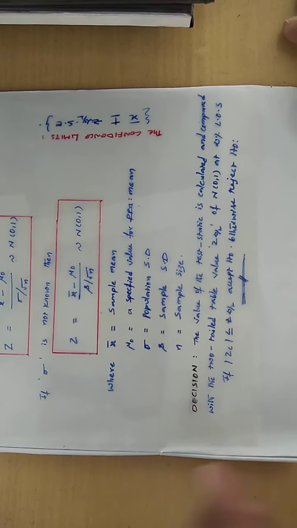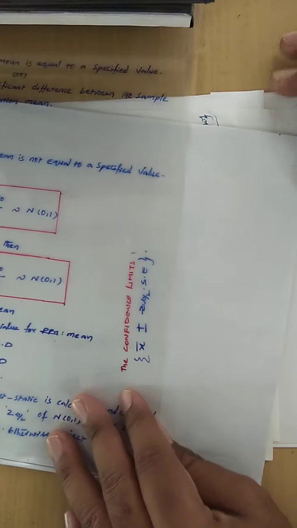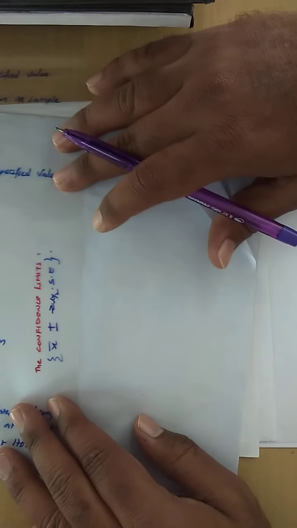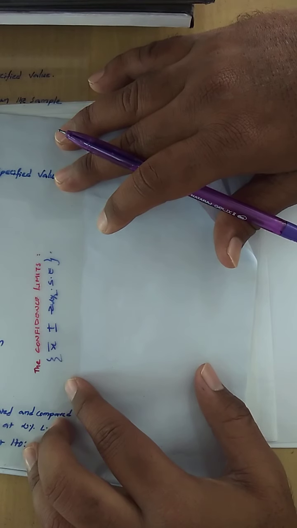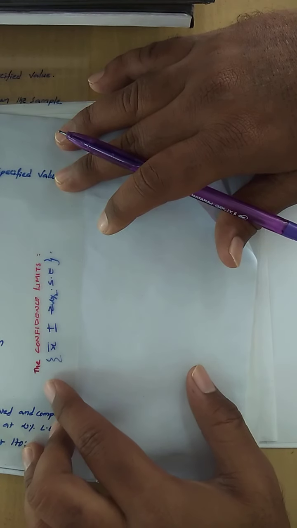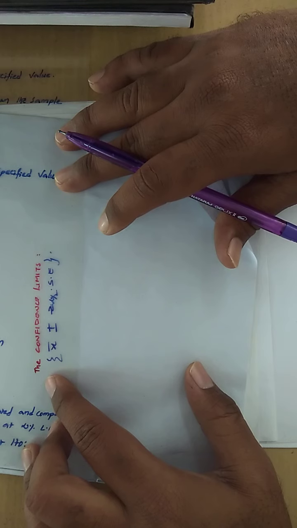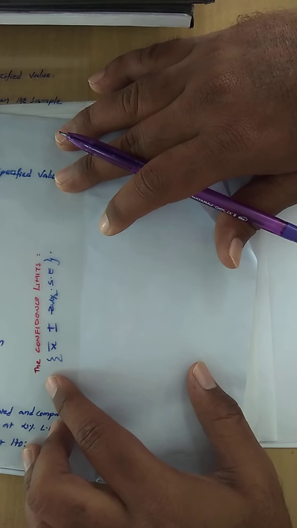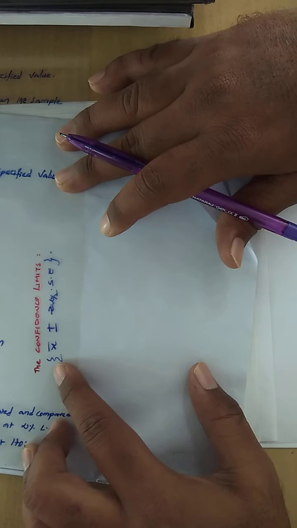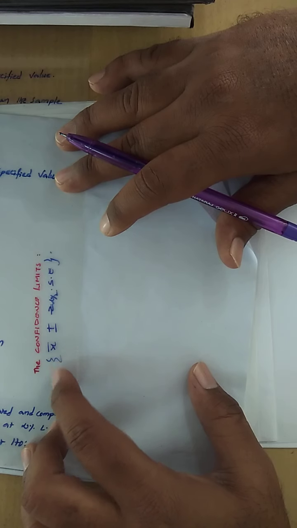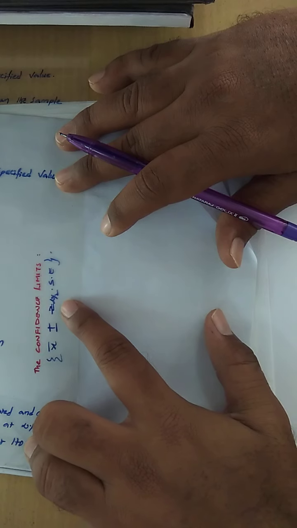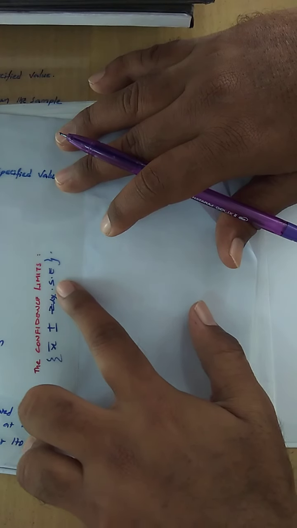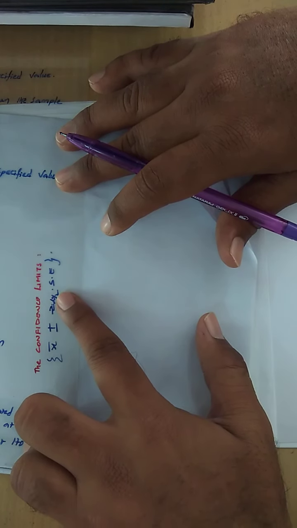Now after finding this, the formula is very, very important. What do you call this formula? This is known as the confidence limits, fiducial limits. I mean to say, this is nothing but the interval estimation. How to get this? In the given formula, the sample value plus or minus the table value into the standard error.